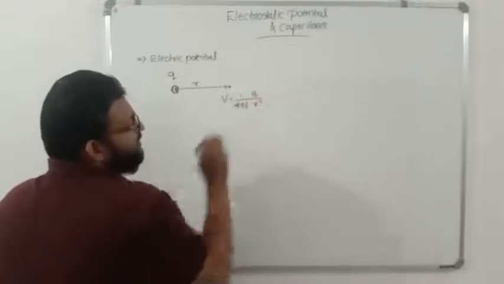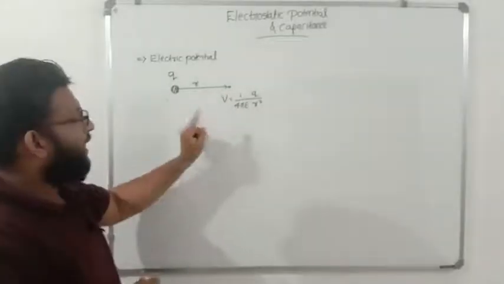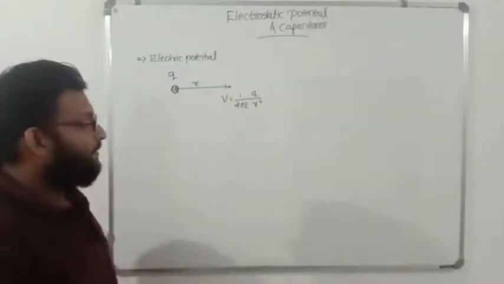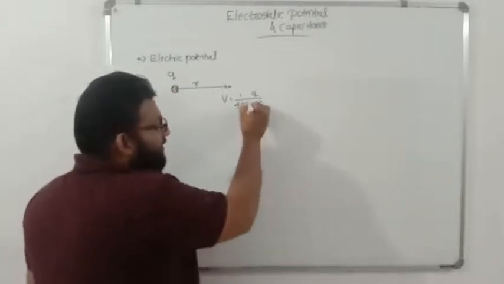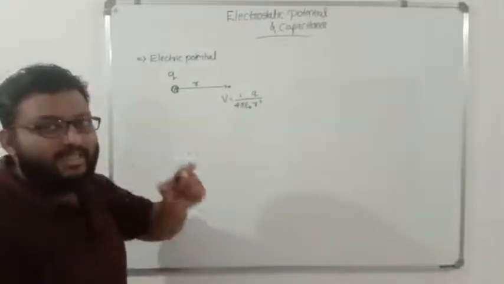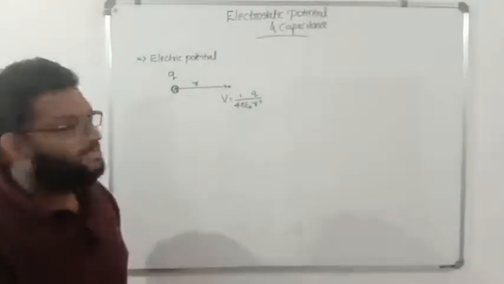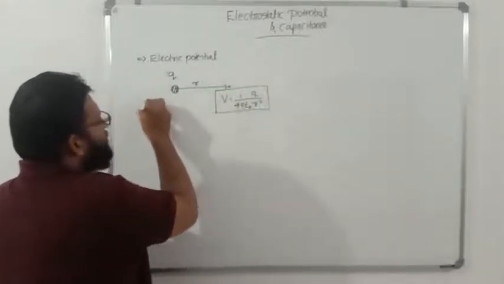We can use this equation. This is the value for potential produced by a unit positive charge. Suppose you are placing this charge in a free space, then this value will be epsilon naught, the permittivity of free space. Now this is what we call potential due to point charge.